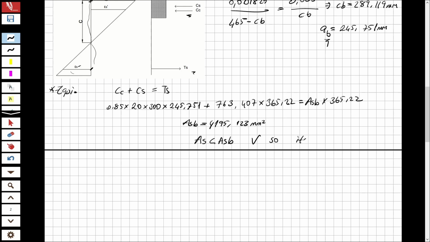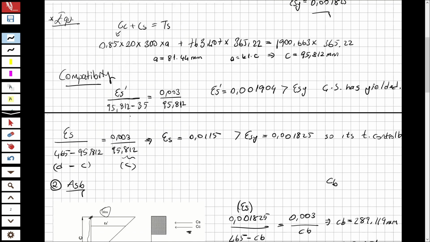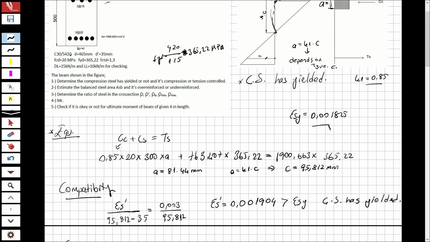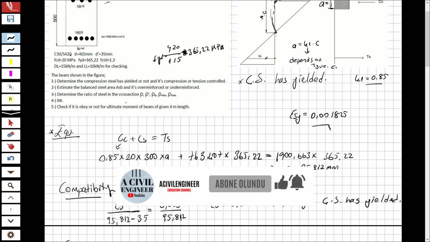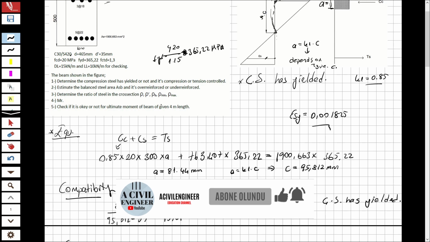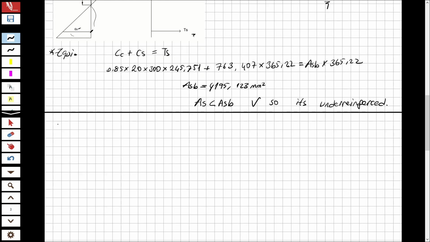So it is under reinforced. Now we have found the balanced steel area also. Let's solve the third part. The third part asks us to determine the ratios of steel: rho and rho prime, rho balance, rho min, and rho max. So let's find them also.